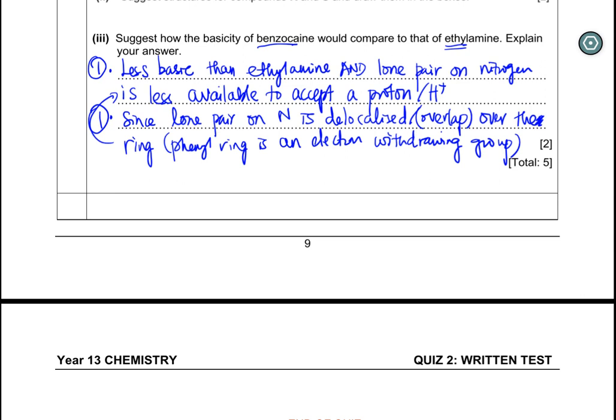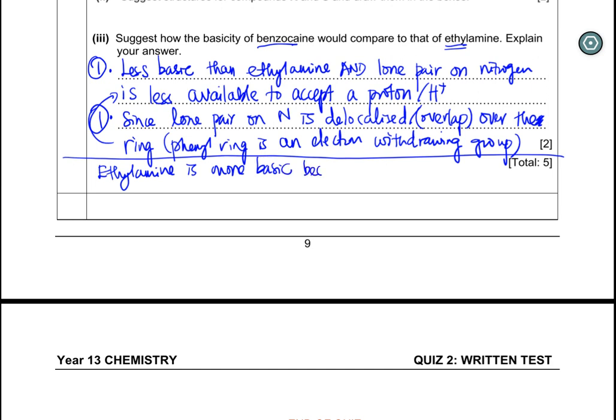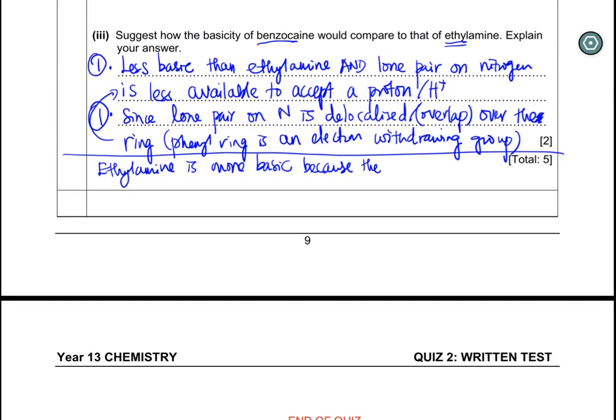If you choose to write using a reverse argument, then you should say ethylamine is more basic because the lone pair on N is more available to accept proton. That's 1 mark.